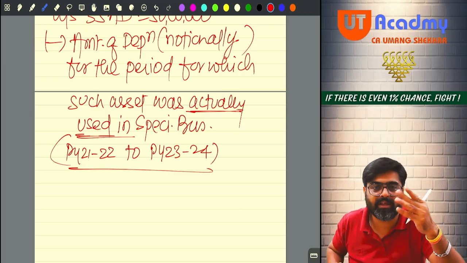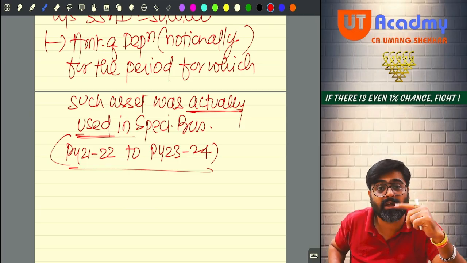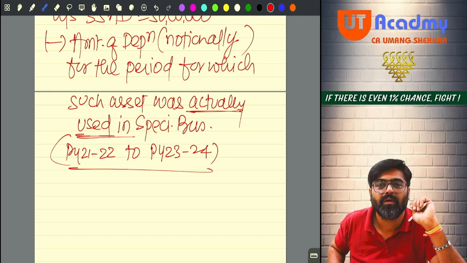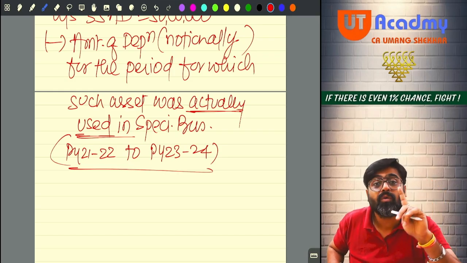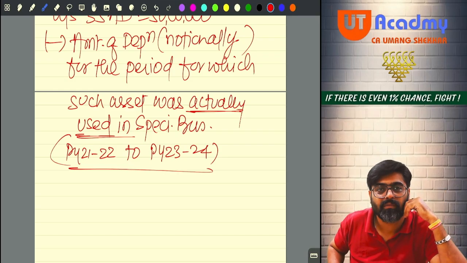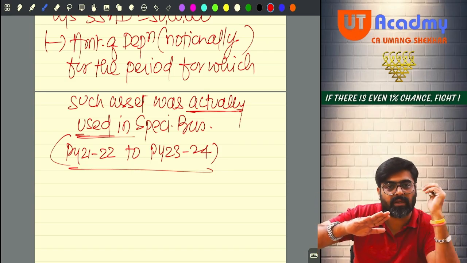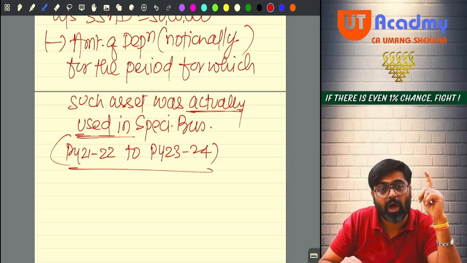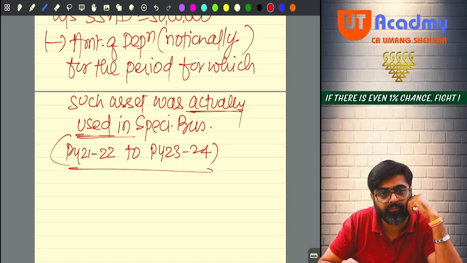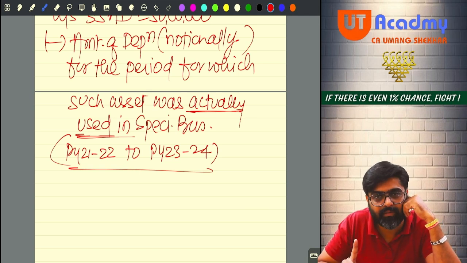Calculate. 45 lakhs minus 4.5 lakhs will give you 40 lakh 50,000. On that 10%, 4 lakh 5,000. So first year 5 lakh, second year 4 lakh 50,000 and third year 4 lakh 5,000. How much was the total depreciation? Come on, tell me. 13 lakh 55,000. Sure, everyone?